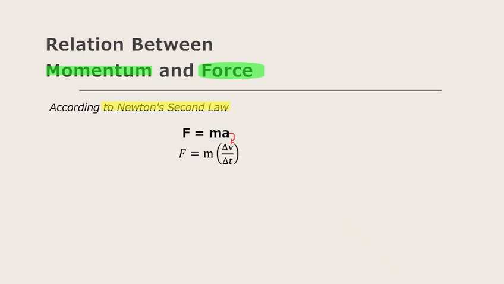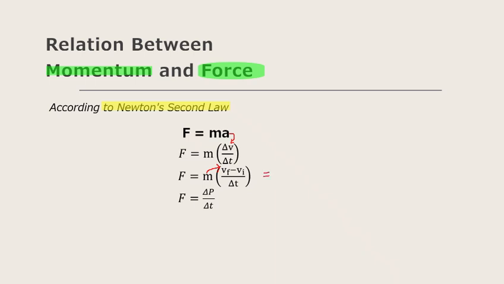So if we place this here, we will get something like this. The change of velocity is final velocity minus initial velocity. And if you see this, it will give you mass times velocity, that is, final momentum minus initial momentum.